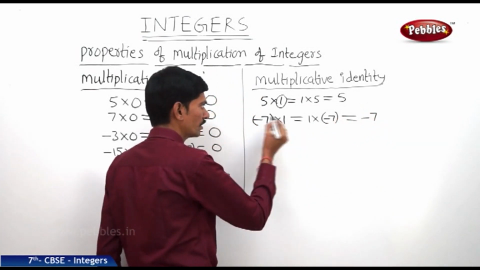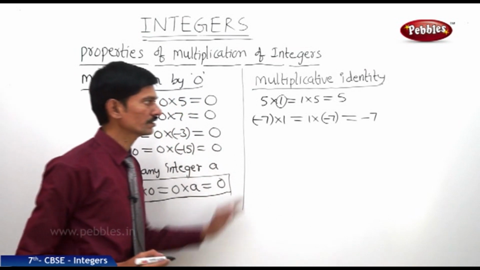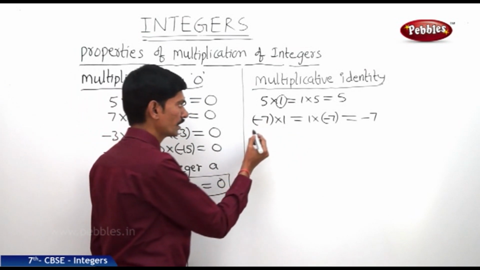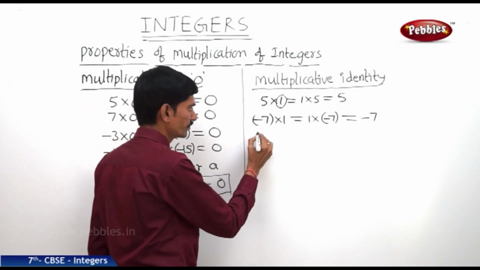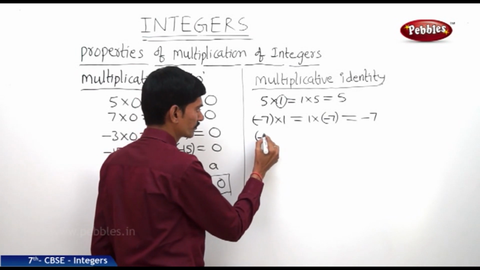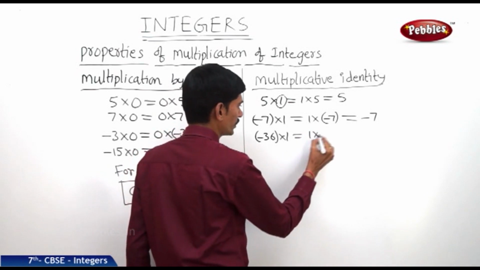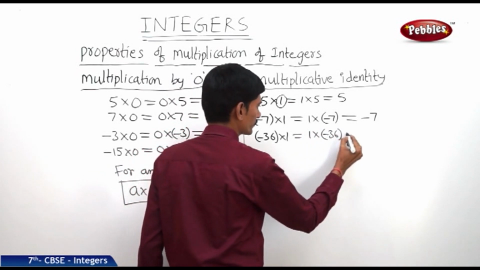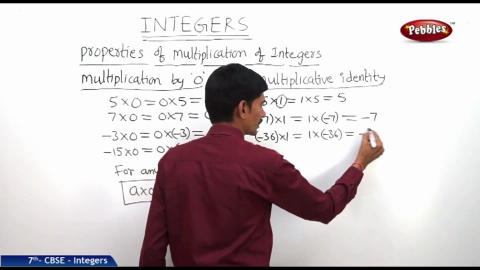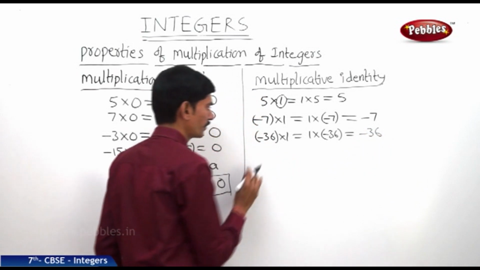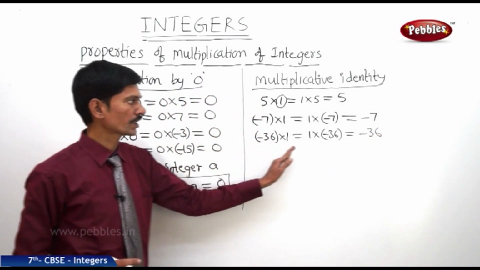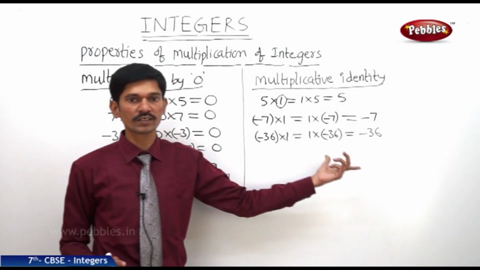We again got the same integer as the product. You can take any other example for this. If you take minus 36 into 1 equals 1 into minus 36 equals minus 36. So when you multiply any integer by 1, we will get the same integer itself as the product.